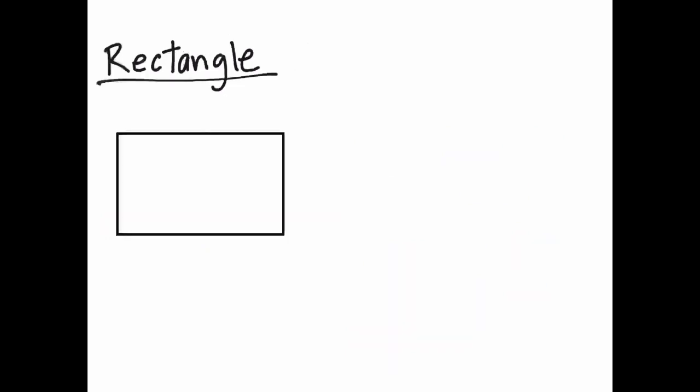Now, the next quadrilateral we're going to talk about is a rectangle. And a rectangle is actually also a parallelogram because look, it has two sets of parallel lines. These lines will never intersect when they extend. And so a rectangle has a few attributes that can help you classify them.